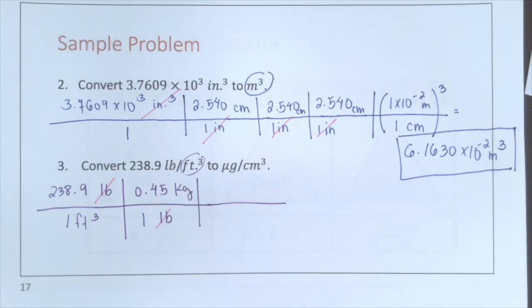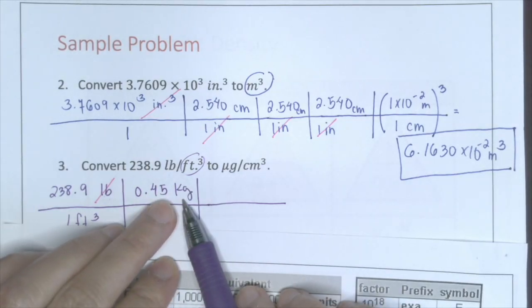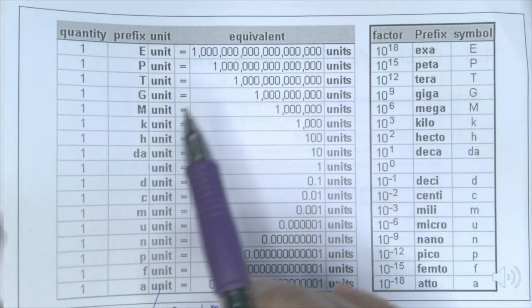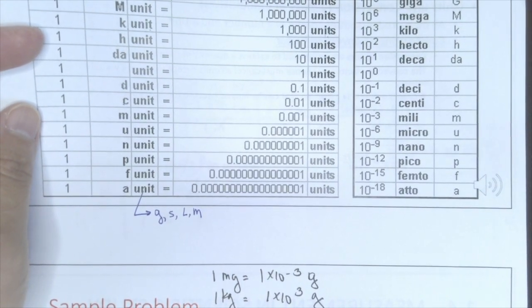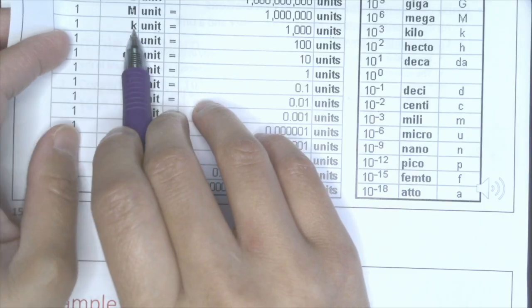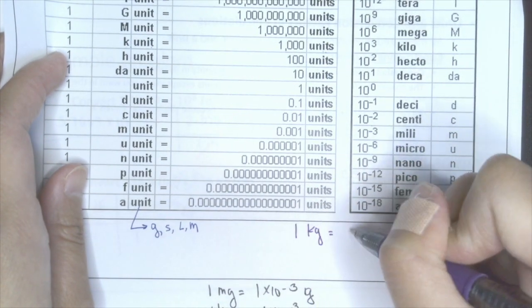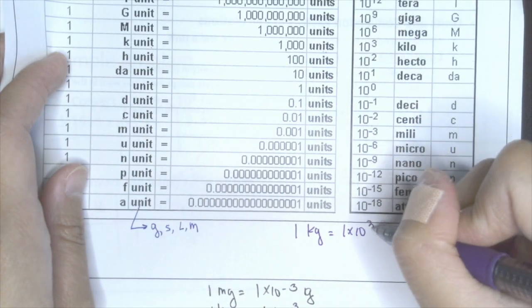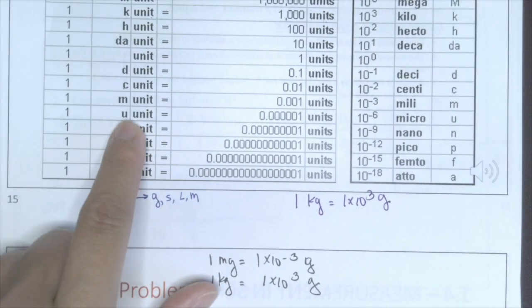Then let's figure out our conversion factors. We have to go from kilograms to micrograms. You can still certainly write out your conversion factors if you need to. Because we're needing the unit kilo, we know 1 kg is equal to 1 times 10 to the 3rd grams. Then we also have to use the unit micro.